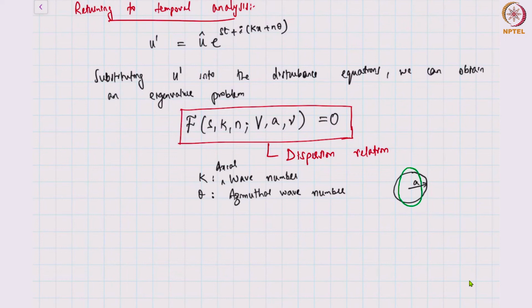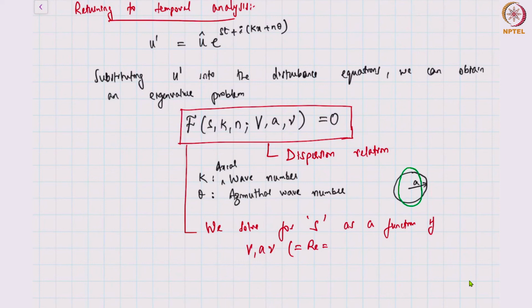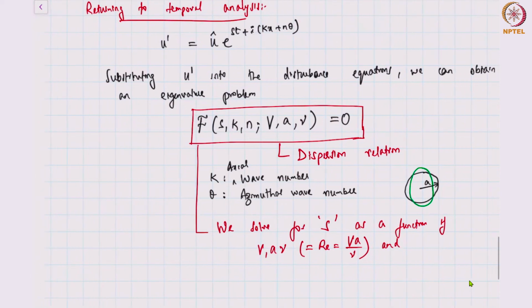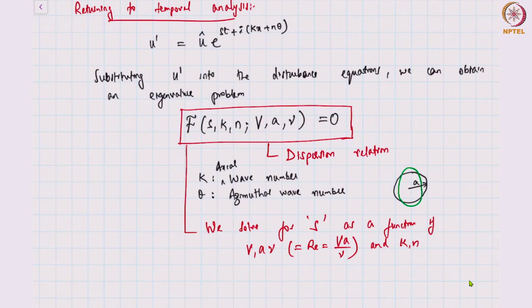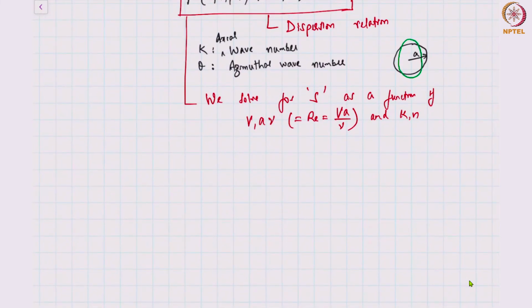And the goal of this dispersion relation is that we solve for S, the complex frequency, as a function of V, A, nu, or sometimes you can even say the Reynolds number, which is V times A by nu, and as a function of K and N. For example, I could vary all possible values of N and K, and for a fixed Reynolds number, I can find out whether there is any value of sigma greater than 0.